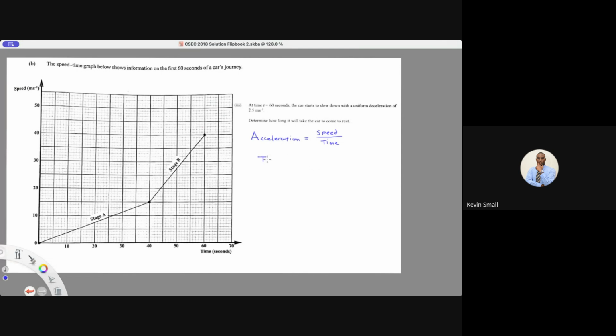So time will be equal to speed divided by acceleration.